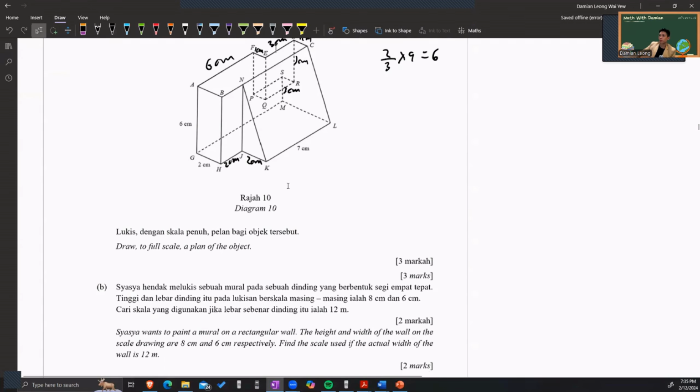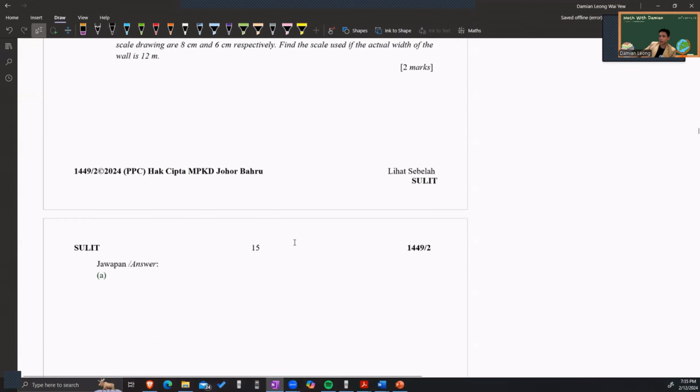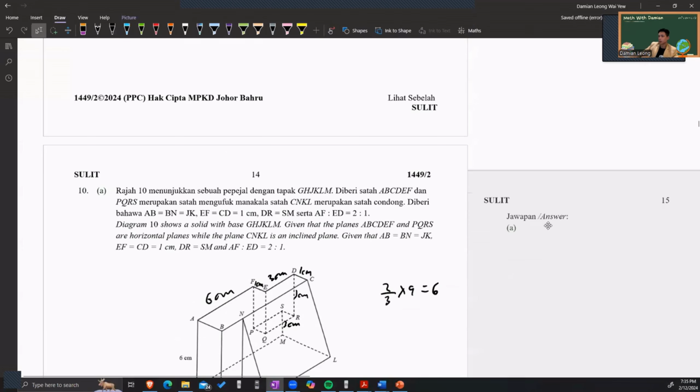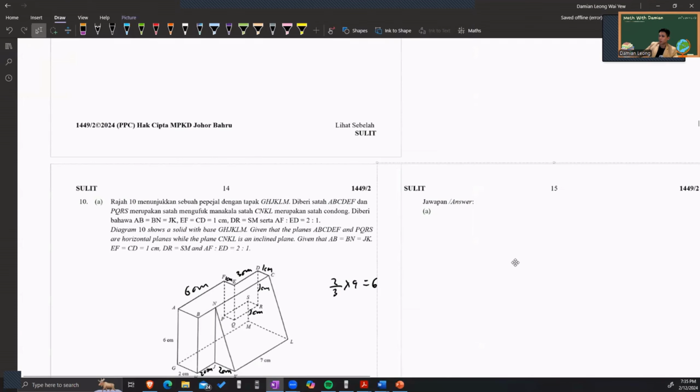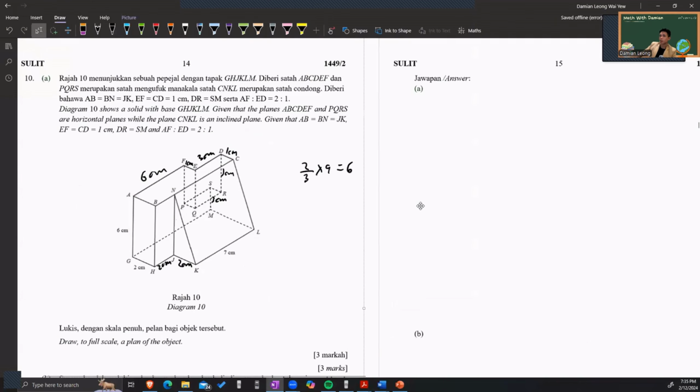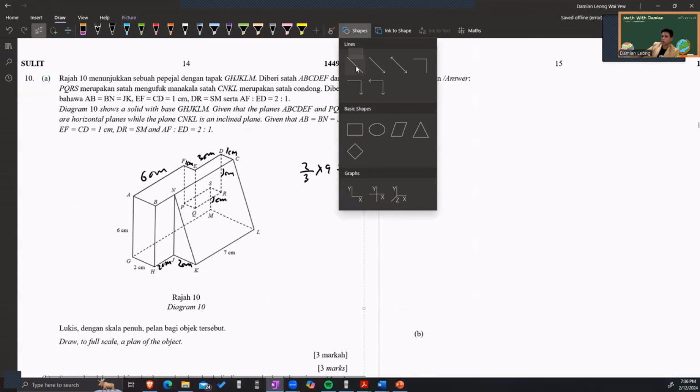So draw the full scale plan view of the object. Okay, and put it here. So full scale plan view. Plan view means the view from the top. So we just draw.